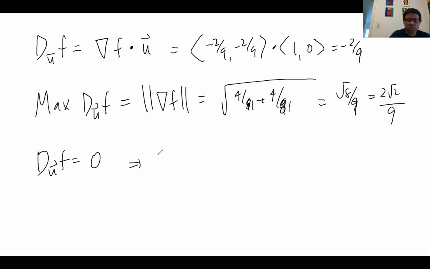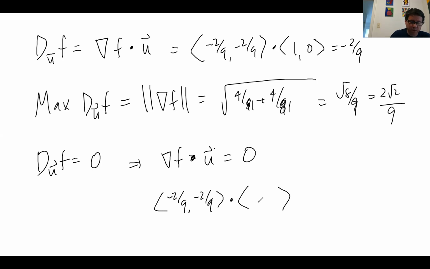And then the extra credit, you just needed to know any place where this was 0. So that means you just take your gradient, which you dot with something in order to get 0. So -2/9 dotted with something to give 0. Technically, you're not supposed to use the 0 vector because it's not a unit vector. So you just need a unit vector that goes in here. I can't remember if it was a unit vector or not. Maybe not. Maybe we'll just find any vector.